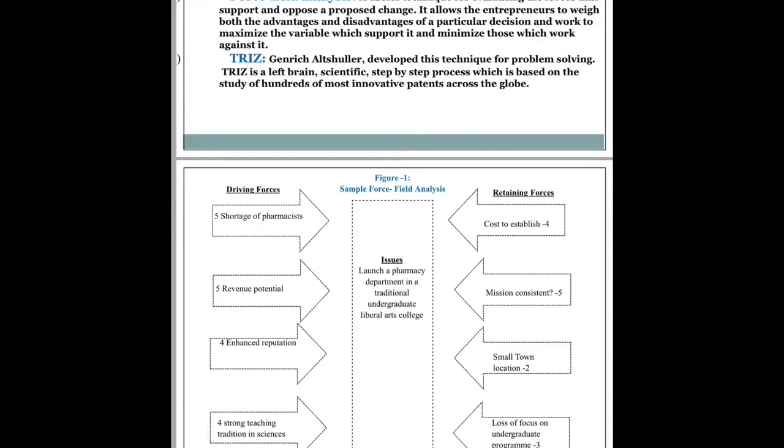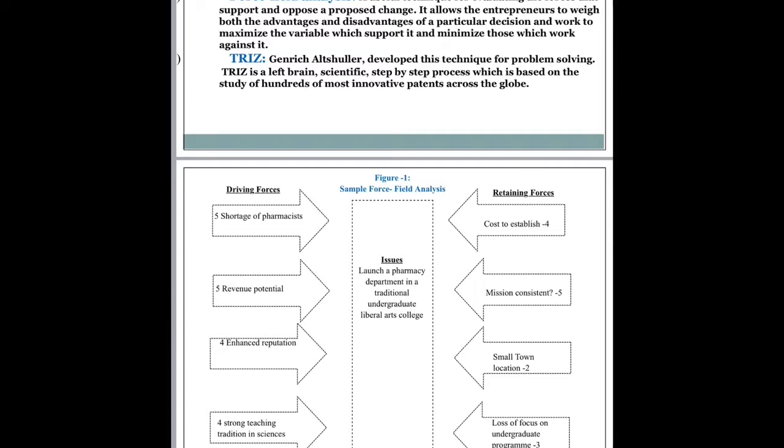So the first thing we talked about is that the college will produce pharmacists. There is a shortage of pharmacists, so 5 points will go in favor of this issue. Then there is a revenue concept that it will increase the total revenue of the college. So 5 points go in that way.